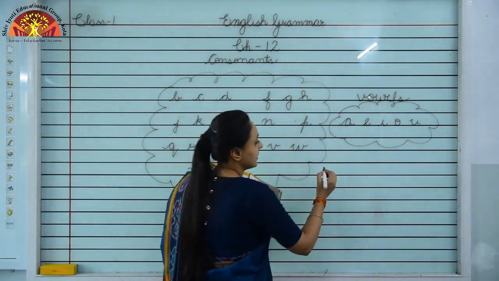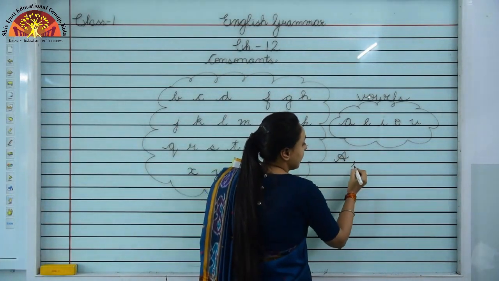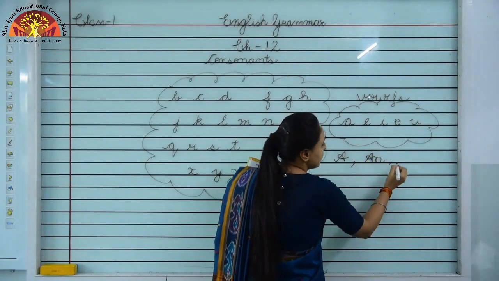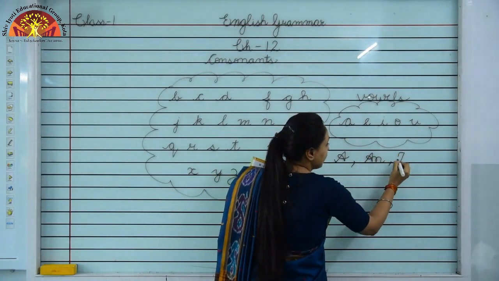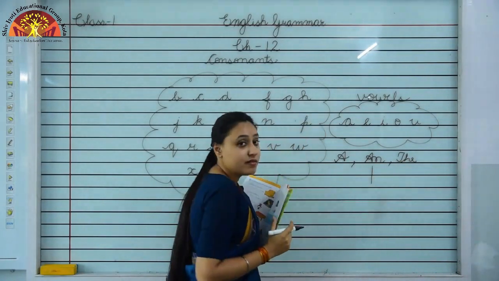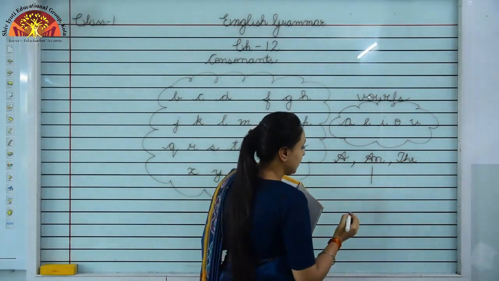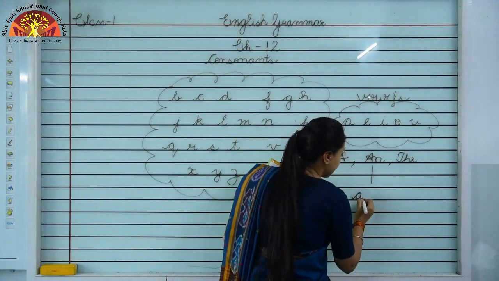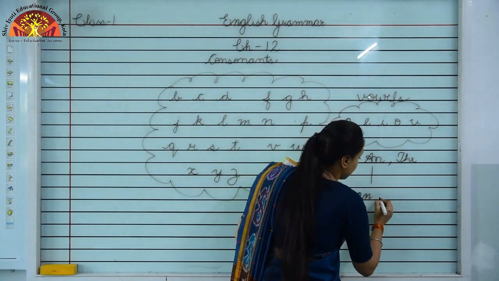A, AN and THE. So we use AN before a vowel sound. Let us see examples of vowel sound.